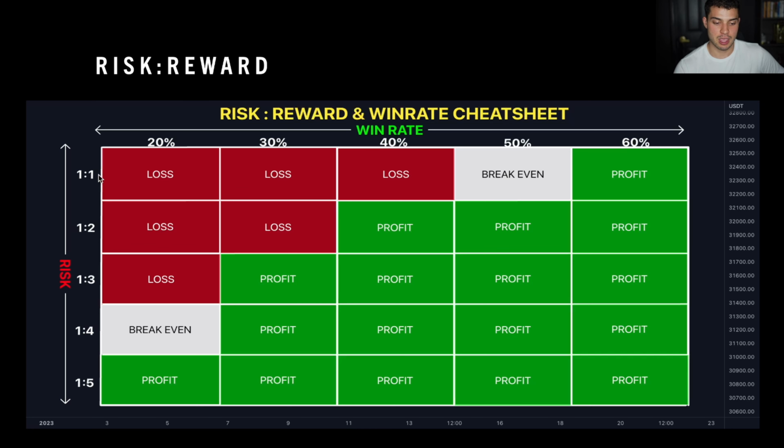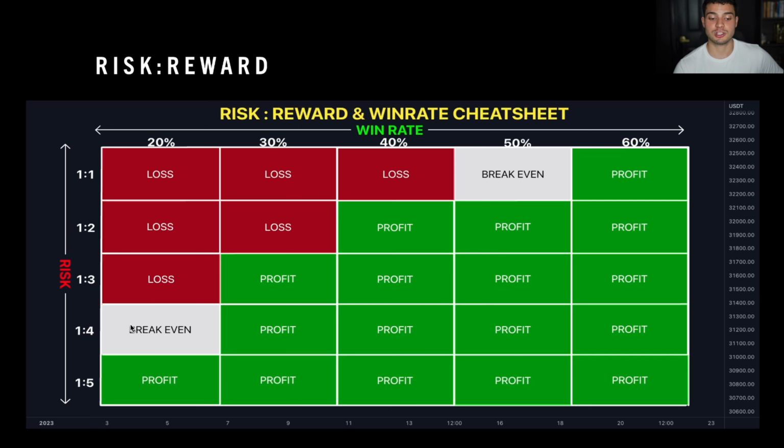So if you risk one to make one, so if you're risking $10 to make $10, that's a loss, all right? If you're risking $10 to make $20, that's still a loss. If you're risking $10 to make $30, still a loss. If you're risking, with a 20% win rate, $10 to make $40, you're at break even, all right?